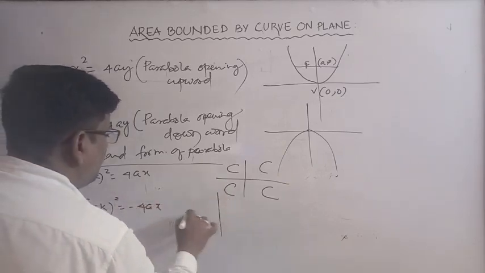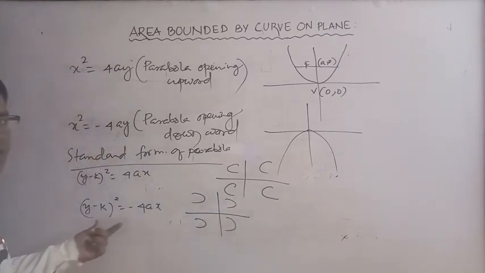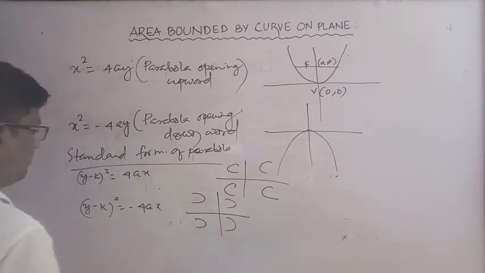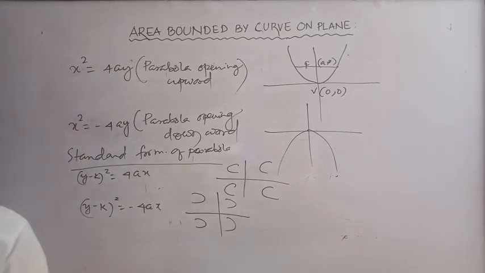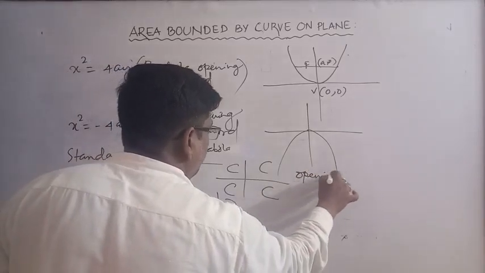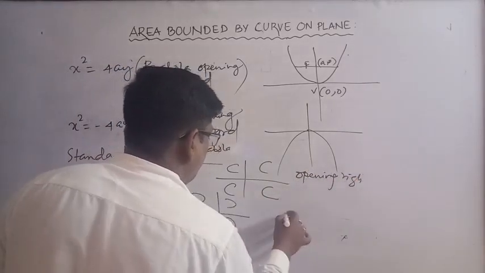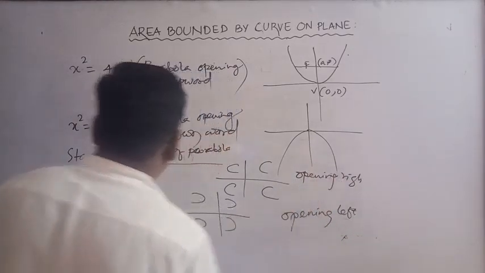The graph may be like this, opening left side, maybe this, depends on the vertex.